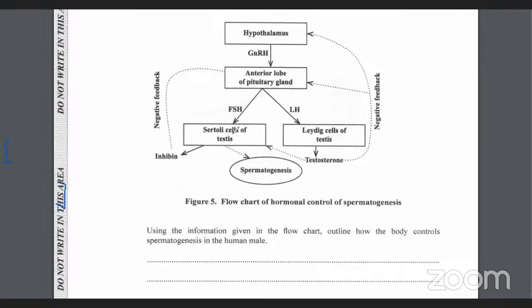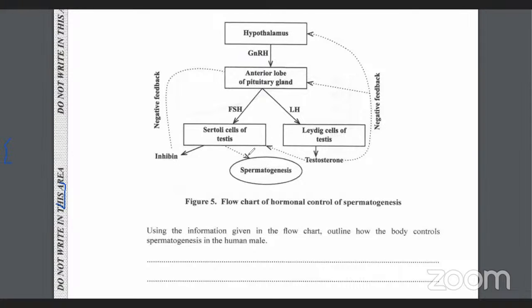FSH goes to this cell of the testes, luteinizing hormone goes to this cell. This cell will produce testosterone, right? Testosterone, once it is produced, some of it will go to this cell, the Sertoli cells, which will lead to spermatogenesis.